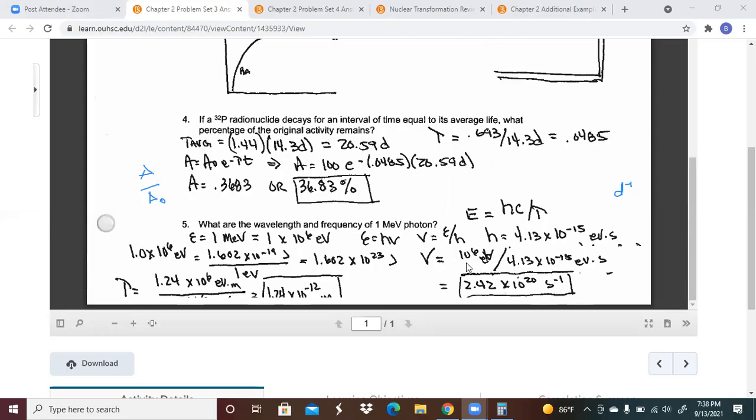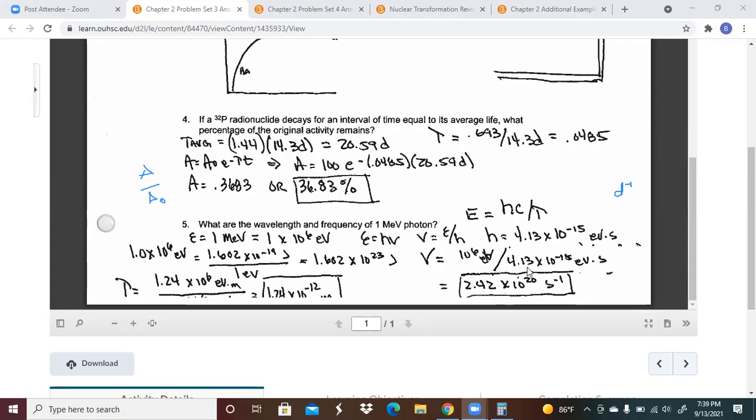The number, or nu, ends up having to be 10 to the 6th electron volts divided by 4.13 times 10 to the minus 15th eV seconds. And when you do that, you end up here with the frequency. In other words, this is the number of cycles that go through a particular point per second.